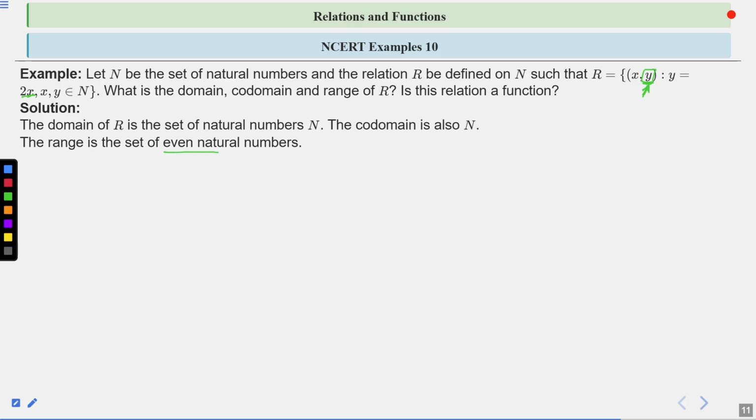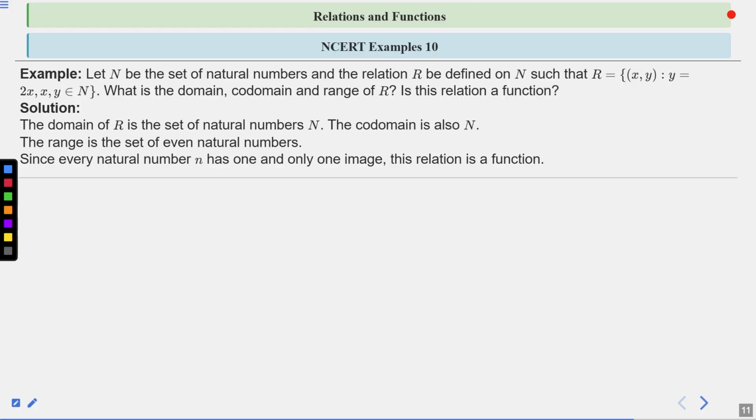So range set will be your set of even natural numbers. Clear? Now, since every number n has one and only one image, this given relation is a function.